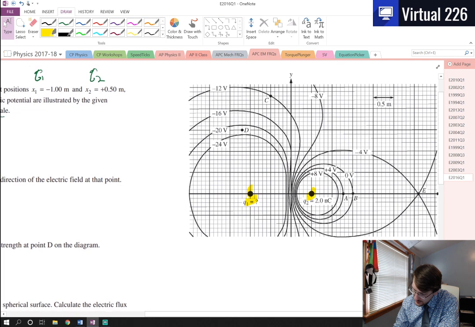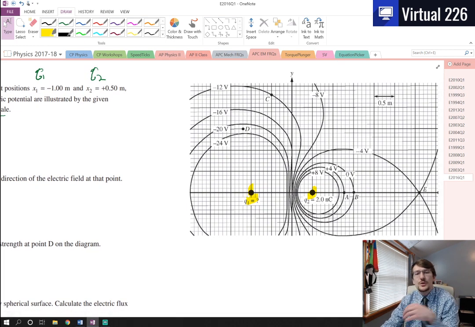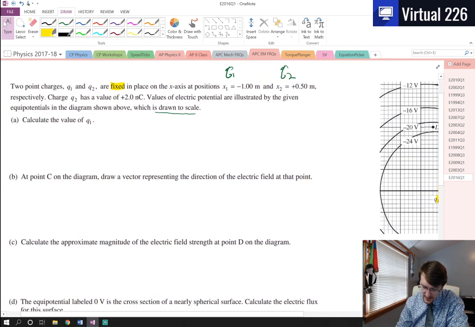So how can we go about doing this? Well, if we're trying to find the value of Q1, we could recognize that voltages are scalars.